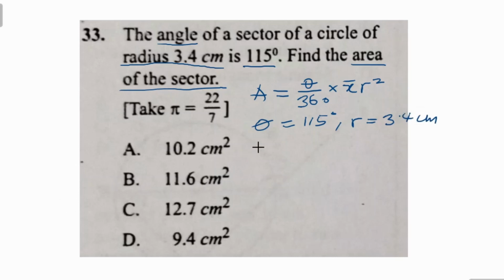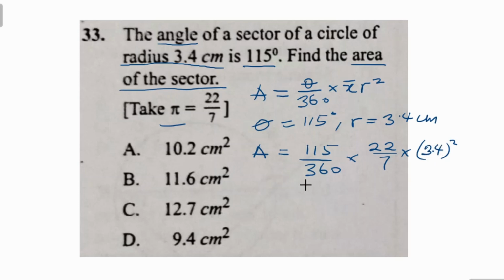So our area A will now be 115 divided by 360 times 22 over 7, which the question asks us to take as the value of pi, then times 3.4 squared, or the same as 3.4 times 3.4.